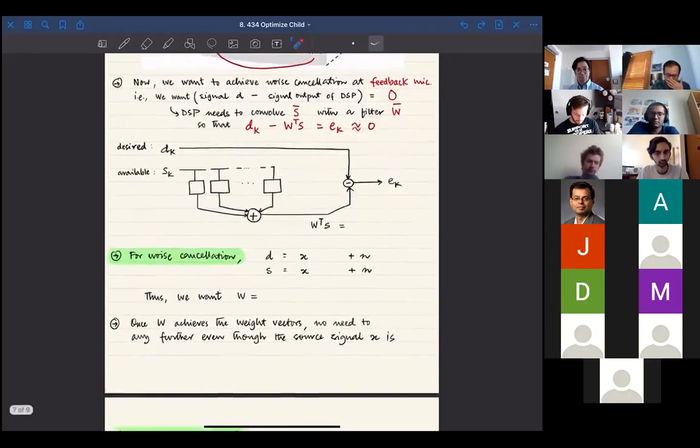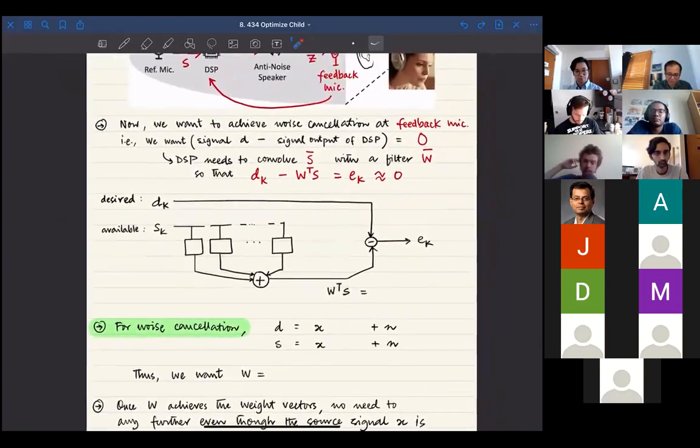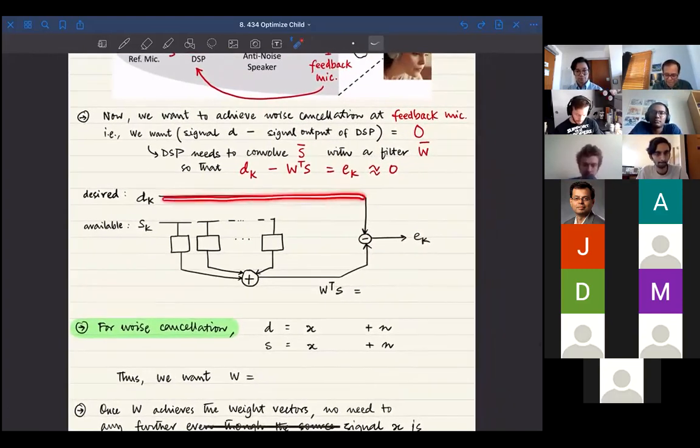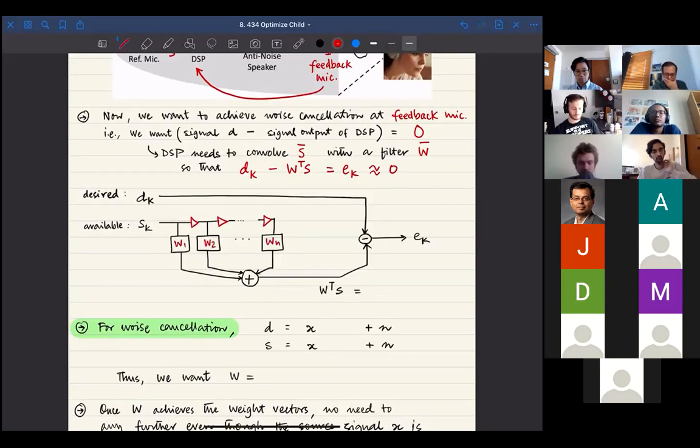Okay. So we can model this as the following. dk is coming, and with that, I basically take Sk and I delay the signal and I multiply. This is a delay, okay?